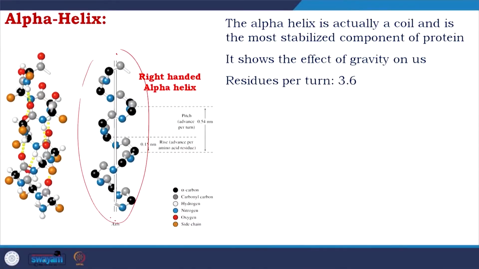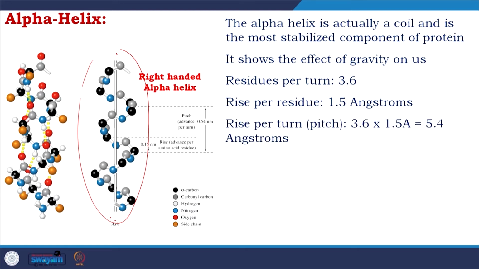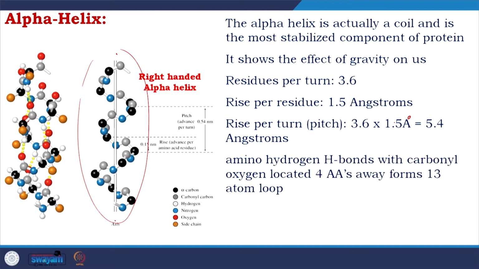How do the residues stay there? Per turn there are 3.6 residues and rise per residue is 1.5 angstrom, which provides rise per turn, that is called pitch: 3.6 times 1.5 angstrom, that is 5.4 angstrom.